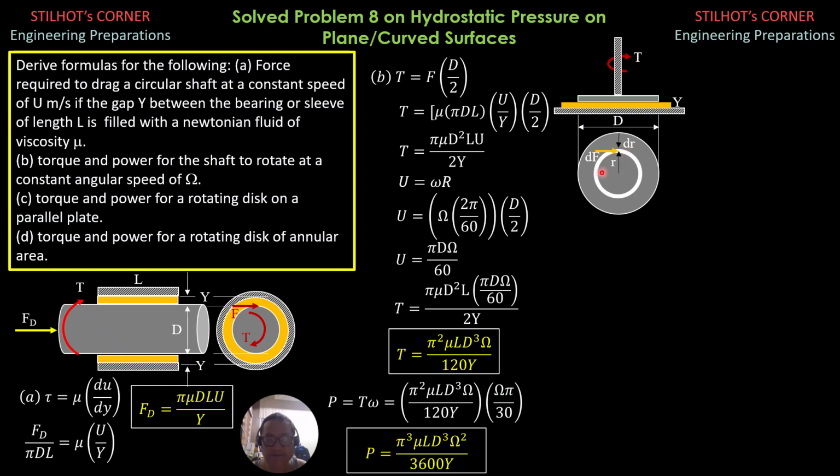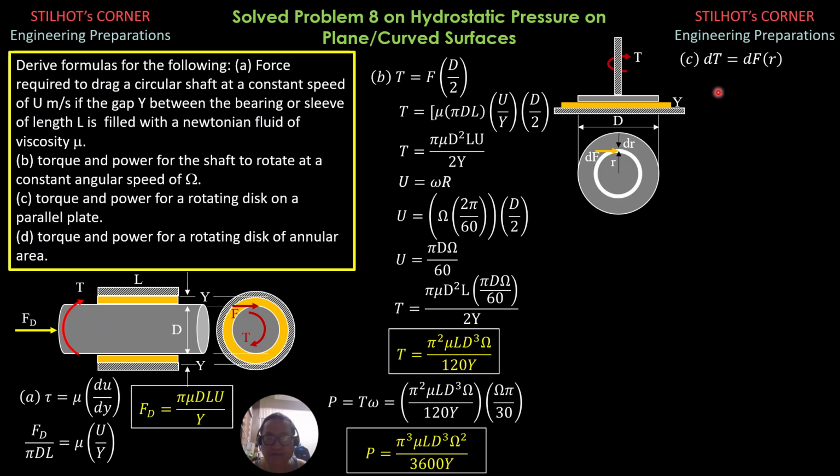So dT, the differential torque, is dF times r, and dF is mu times the area. The area is the area of this annular ring, which is circumference 2 pi r dr, times small u, because the tangential speed would be tangent to this distance, not the outer distance, over Y. Y is still capital Y, the thickness or distance between the fixed plate and the rotating surface, then times r.